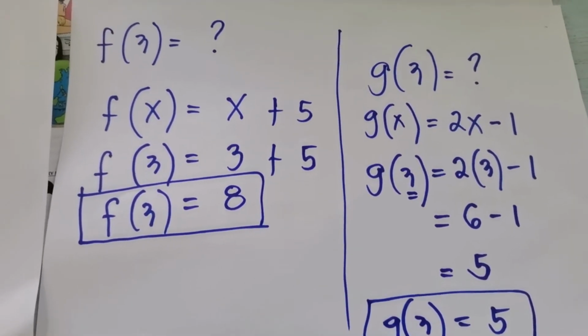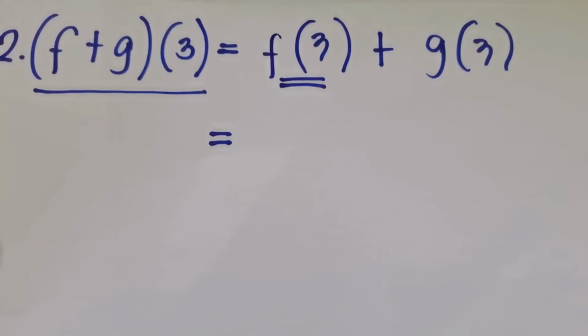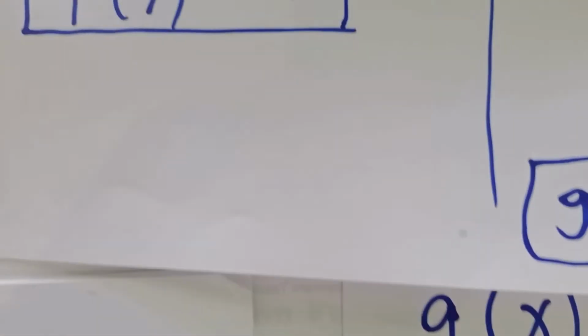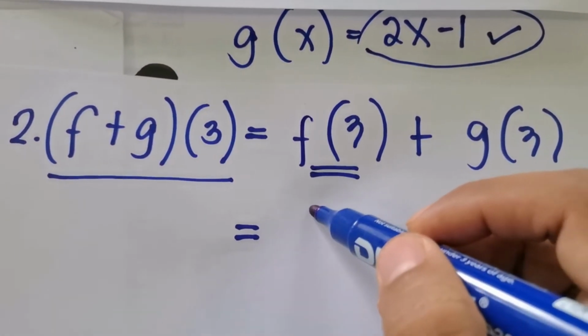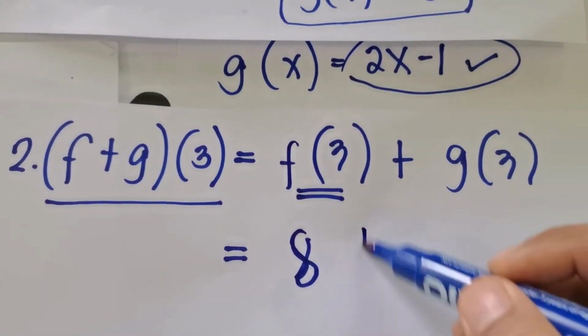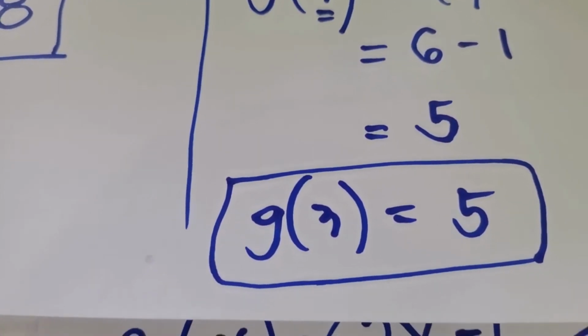Let's go back to our solution. The value of f of 3, again, that is 8. So we'll have 8 in here, plus g of 3, that is 5.